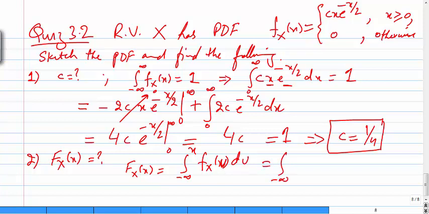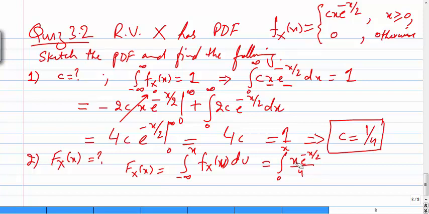So we have minus infinity to x, and since this function is defined from 0, remove this and write again from 0 to x. So c is 1 by 4. So put x exponential minus x by 2 divided by 4. Instead of x, you put u here.